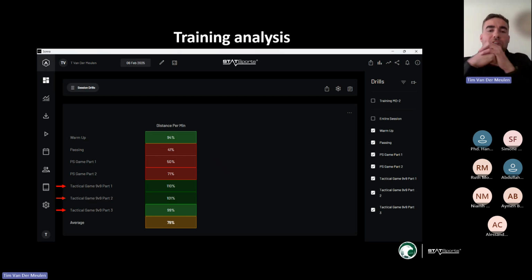Then I will move on to an example of training analysis, within the session drills dashboard. Within this training, we had a focus on the tactical large-sided games of 9v9.